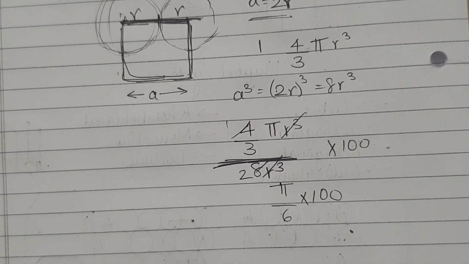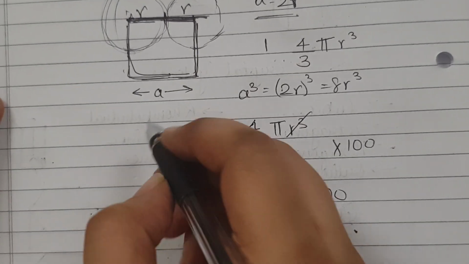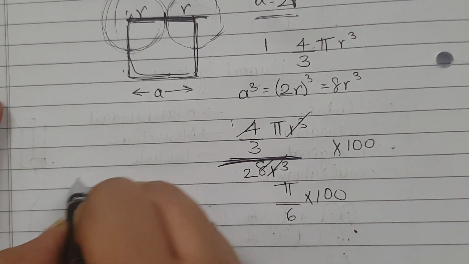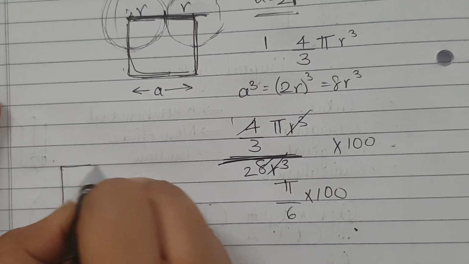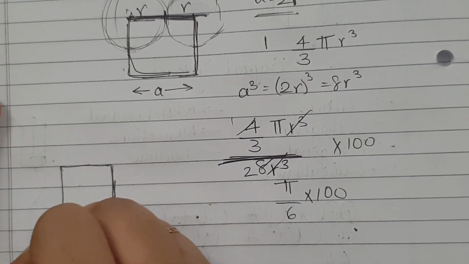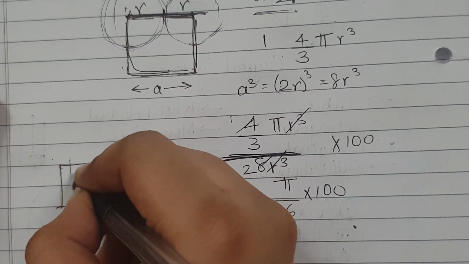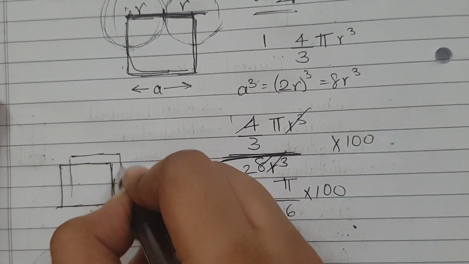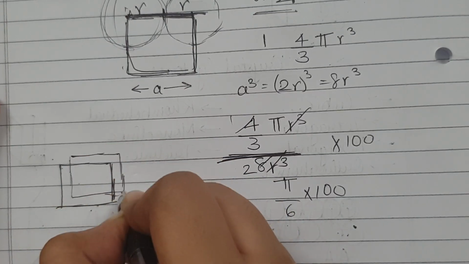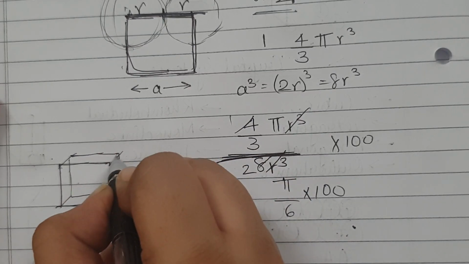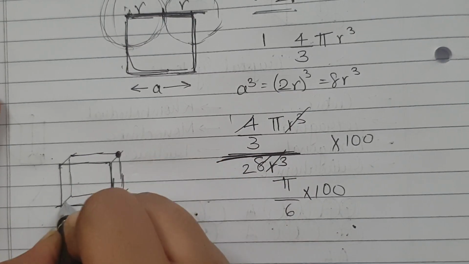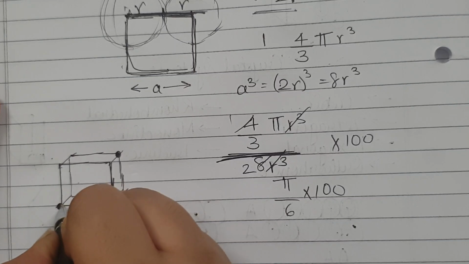Well, in case of your body centered cube, right? What happens is your cube is here, for example, this is your cube. What happens is this line, that is starting from the back corner, I'm taking till my front corner.